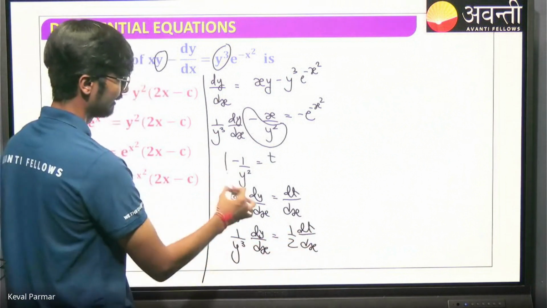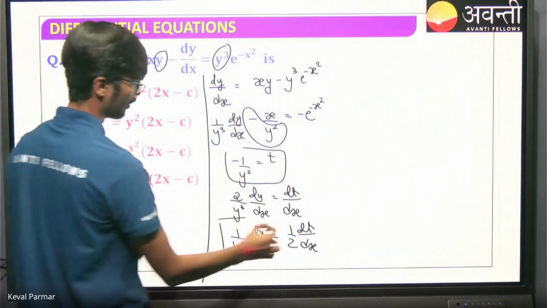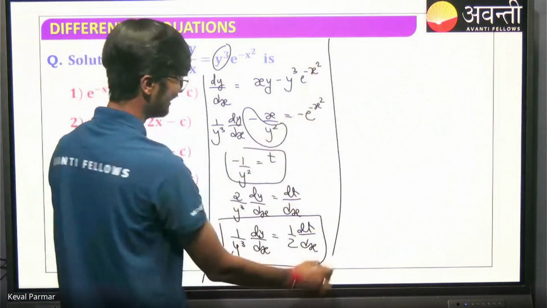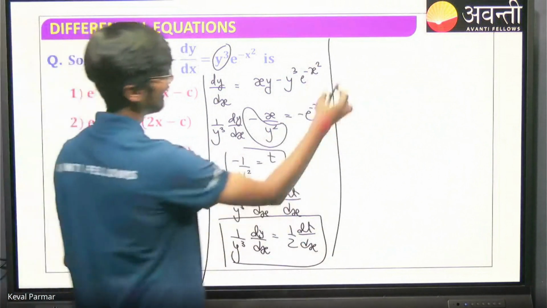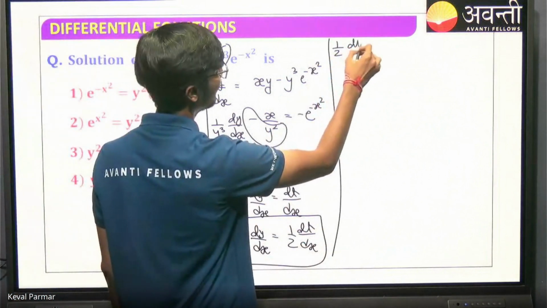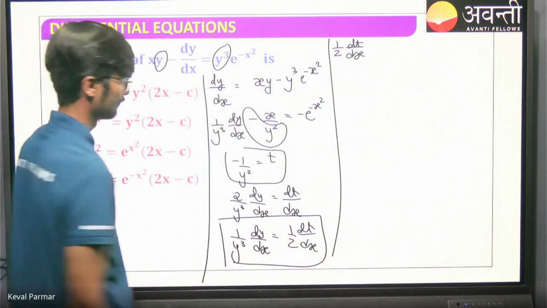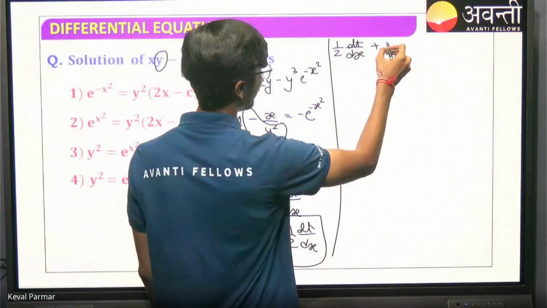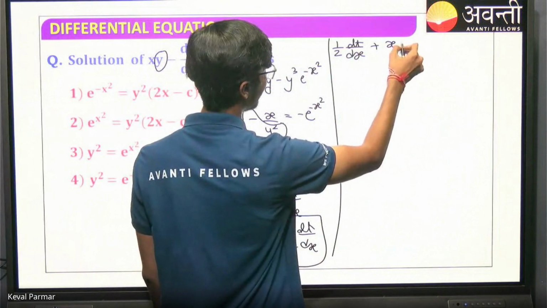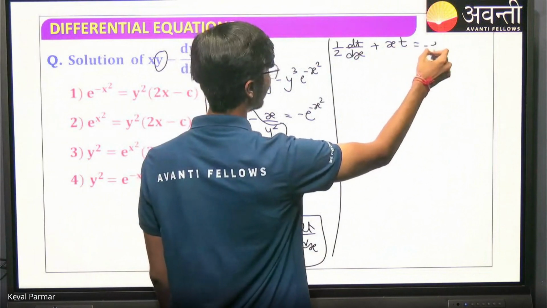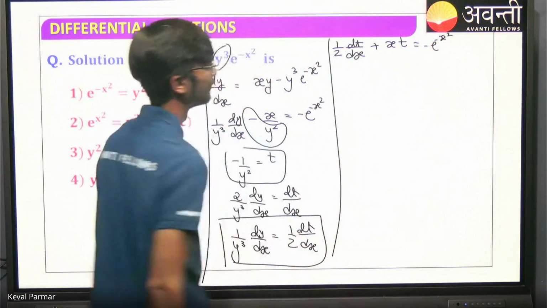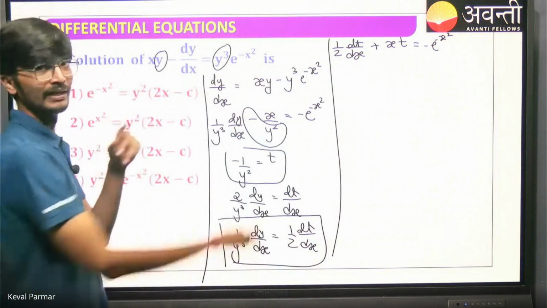Now substitute these two here. My equation will now reduce to linear, right? I'll get 1 by 2 dt over dx plus xt is equals to minus e raised to minus x square. So we have to multiply with 2.